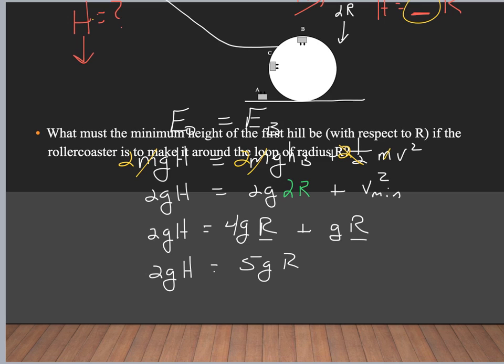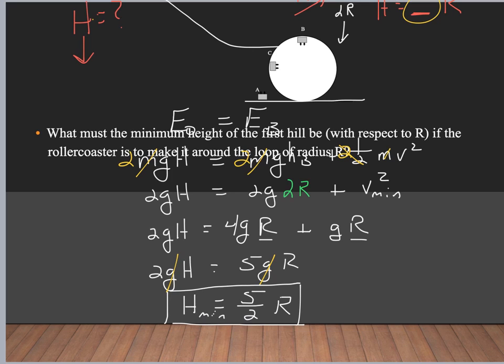One more step is solving that for h. g is on each side, those will cancel. So the height has to be 5/2 of the radius. So for any roller coaster to go around the loop safely, this would be the minimum height needed for that first hill.